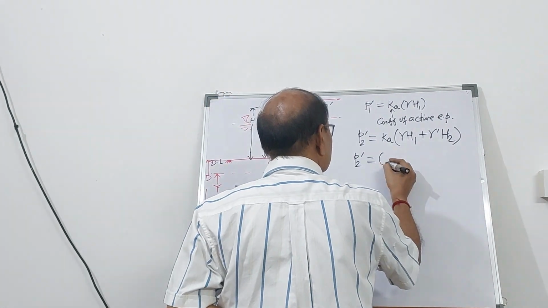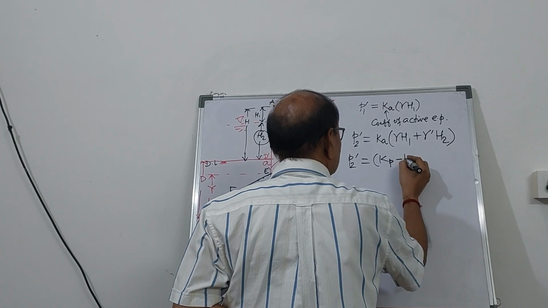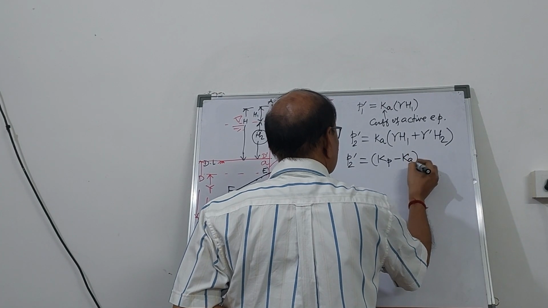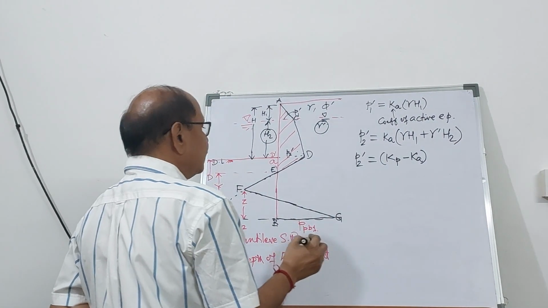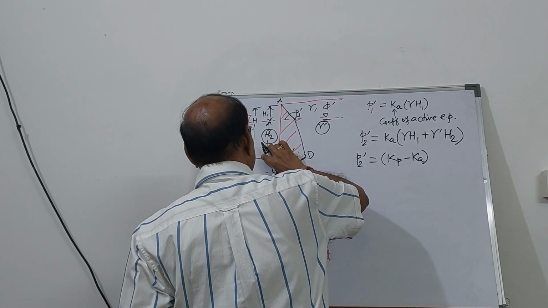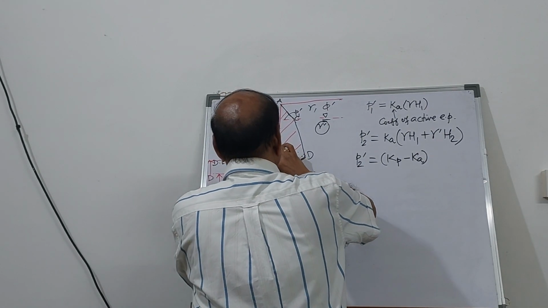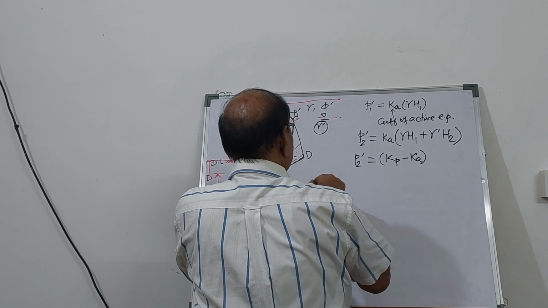So it will be Kp minus K, right? It is going to deflect like this. So if it is going to deflect like this, this side it is active, this side it is passive.